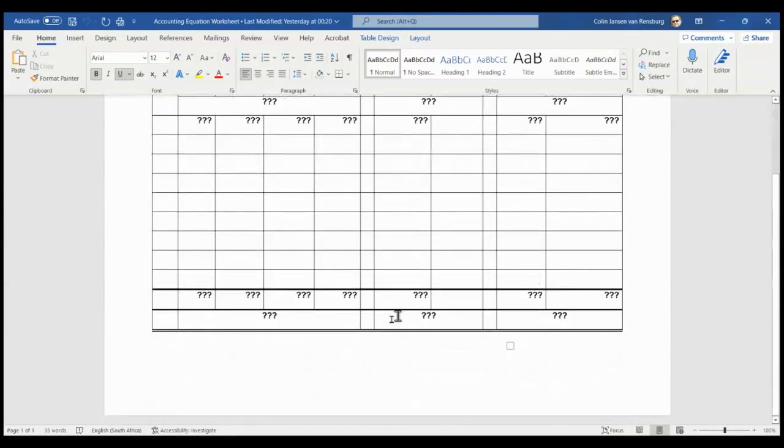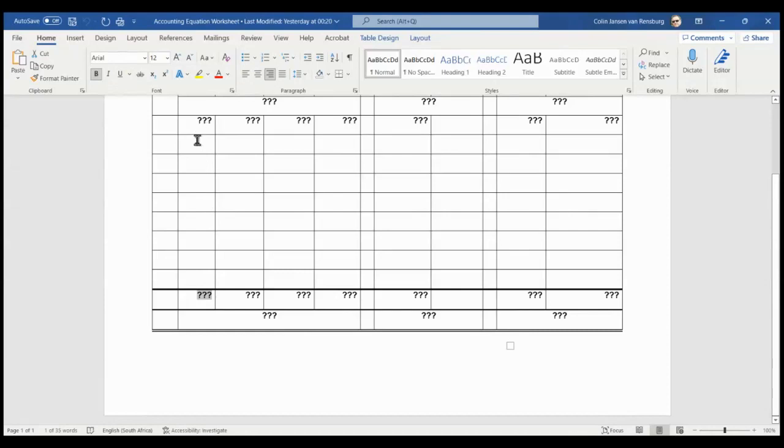And then right at the end, we've got our totals, ladies and gentlemen. So after we've taken into account the opening balance, and the effect that all entries have had on that specific account, that will be our closing balance on that account.